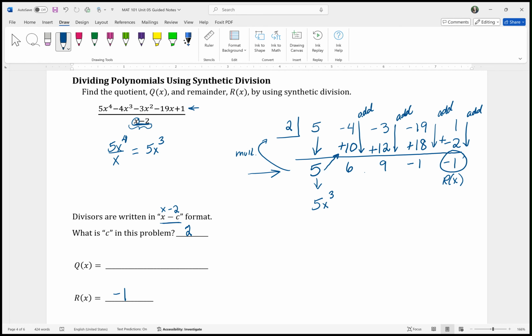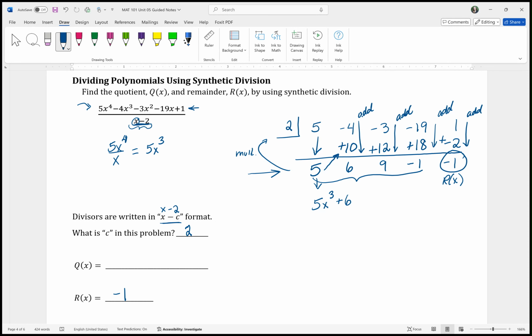Okay? And then the rest of these numbers are going to give us the rest of the coefficients for the polynomial expression that we're going to call the quotient. Okay? So what do I do from here? We're going to bring down the 6. It's positive, so we're going to add this. And just like here, we went x to the fourth, x to the third, x to the second. We're in a descending order.